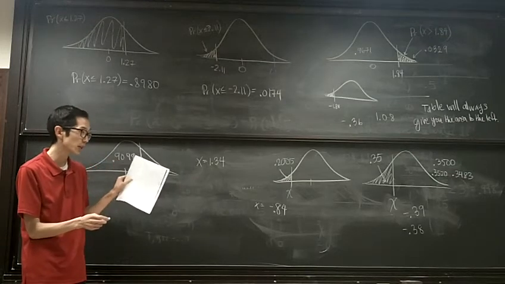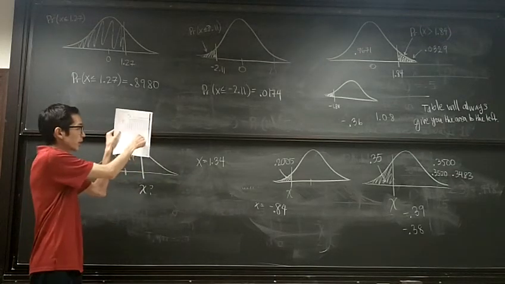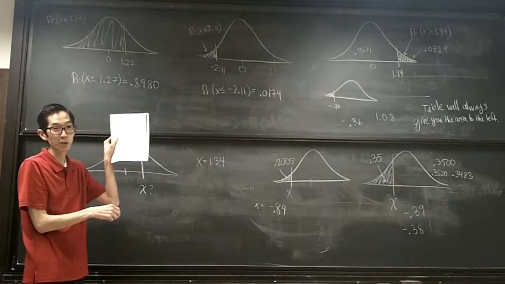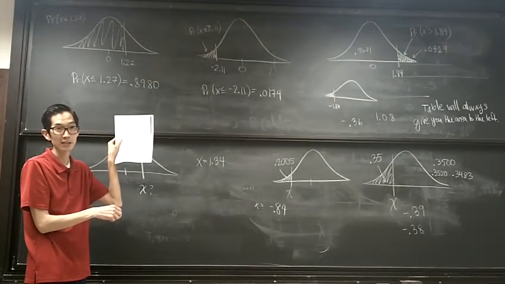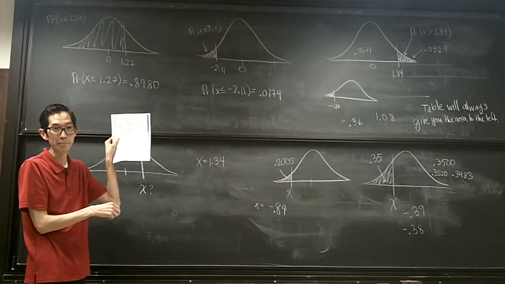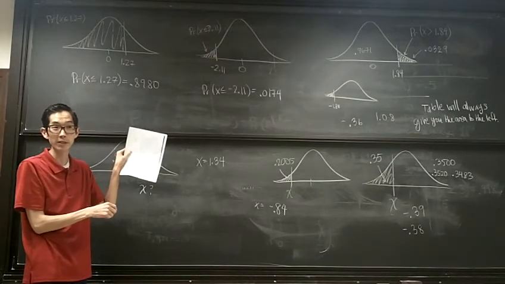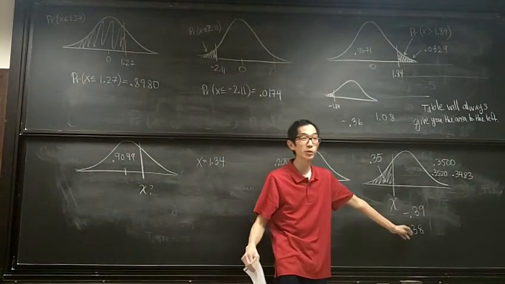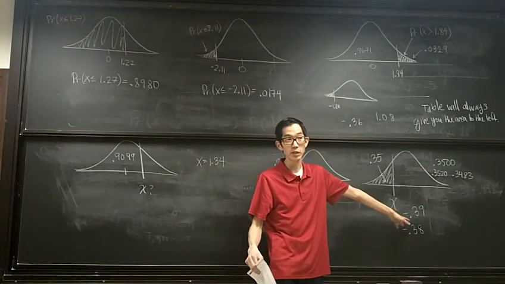It's going to be on the negative side, in the lower right-hand corner of the normal table. Did you find that? Those numbers correspond to negative 0.38 and negative 0.39. Do we see that?